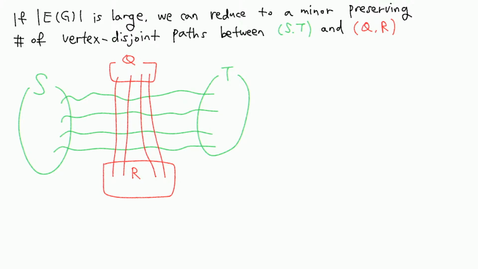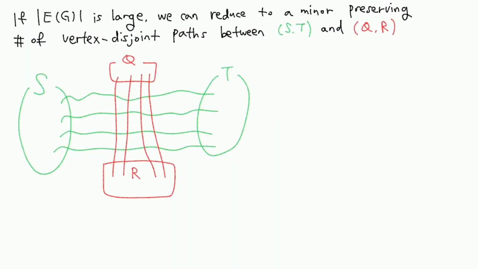In other words, if the number of edges is sufficiently large, then we can reduce to a minor while preserving the number of disjoint paths between S and T and Q and R.